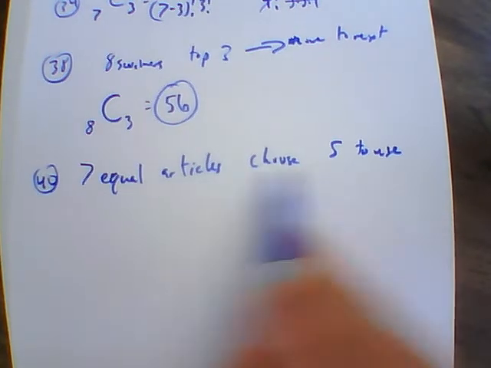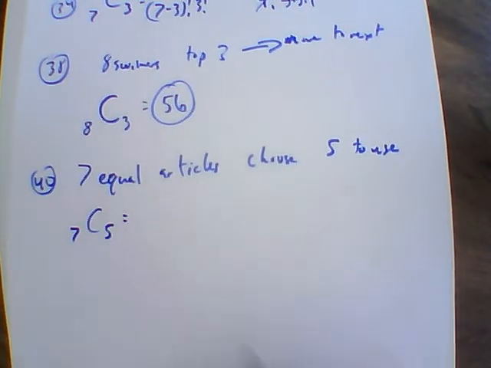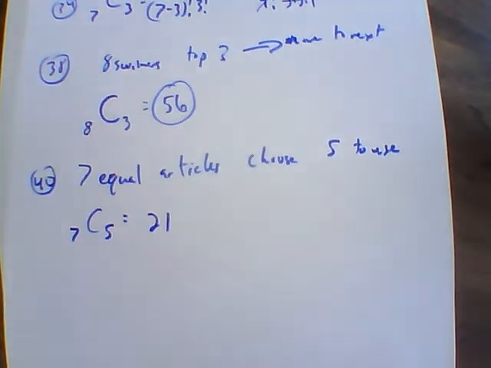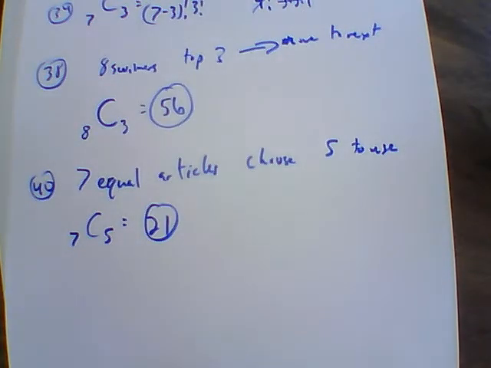So because they're equal articles, we have 7 and we're going to choose 5. So if we take 7 combination 5, we get 21 ways. So we have 21 different ways to figure out which articles we would want to choose. Once again, that's choosing 5 out of 7.